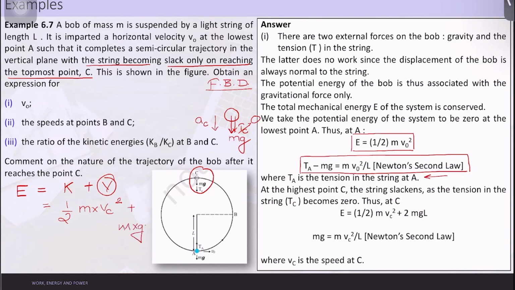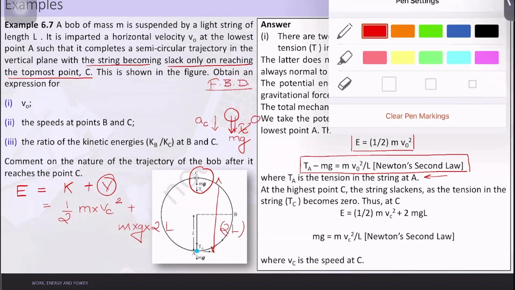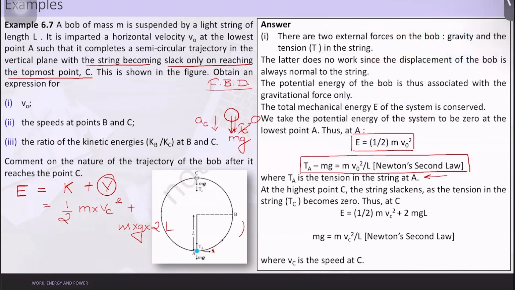It's mg times the complete height from this location to this location, which is twice L, so it's 2L. I hope the first equation is clear to you. It is the summation of kinetic energy plus potential energy. Therefore, it's half m v_C square plus mg into 2L. Clear?